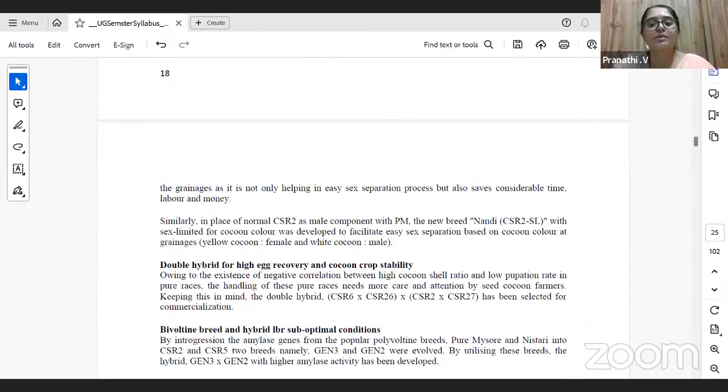Similarly, in place of the normal CSR2 as a male component with PM, a new breed Nandi having a sex-limited cocoon color was developed so that you have the yellow cocoon female, white cocoon male.